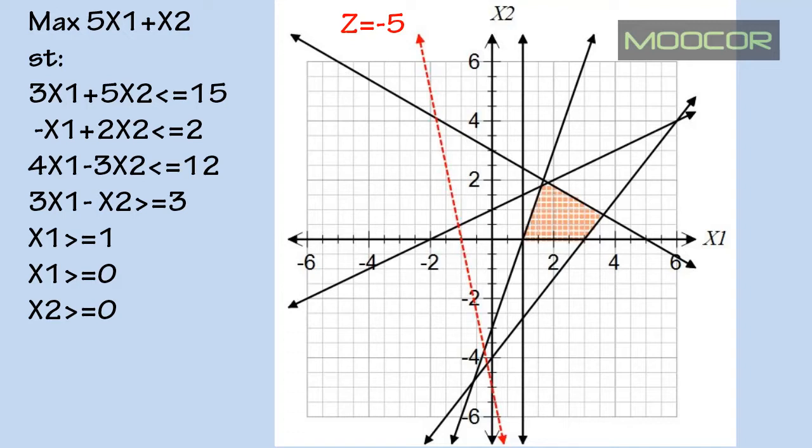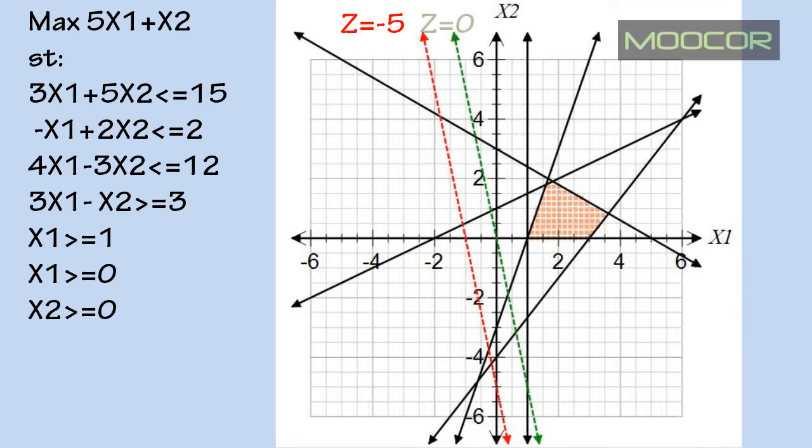To find that out, I'm going to plot one of those lines, and that line is the simplest and easiest one, the line that passes through the origin, where both x1 and x2 are 0. Therefore, the objective function value is 0.